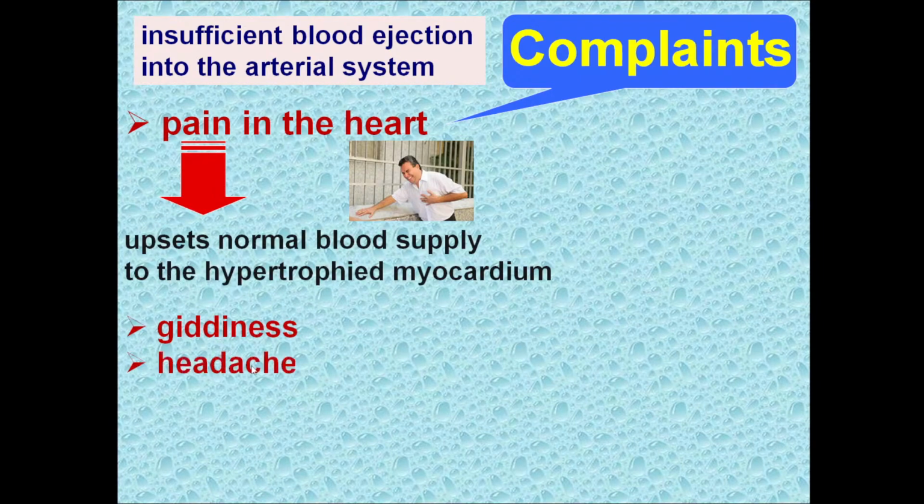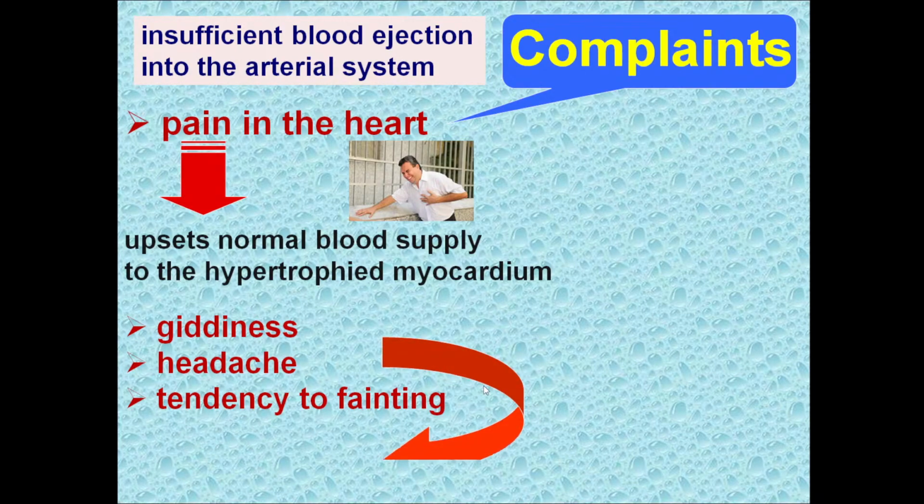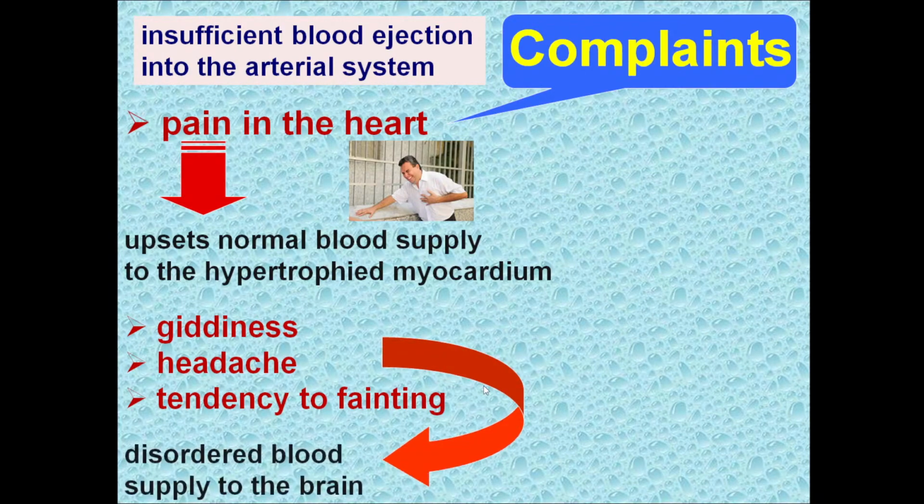We see problems with the central nervous system. The patient progressively loses vital activity, because he feels giddiness, headache, sometimes a tendency to fainting, which appears due to disordered blood supply of the central nervous system.